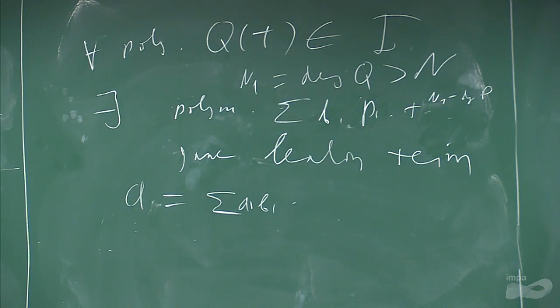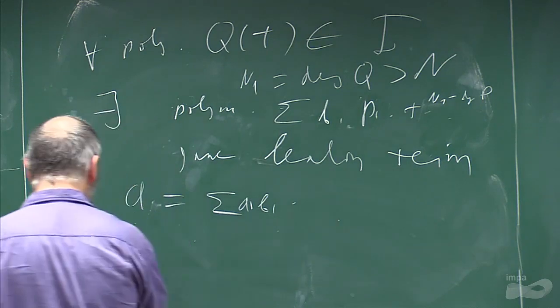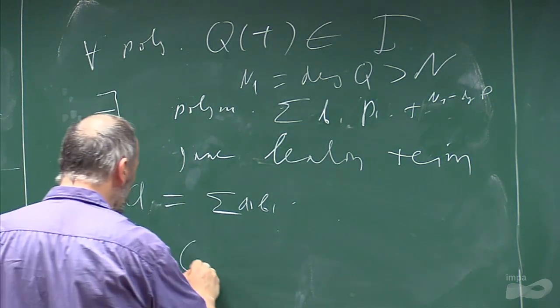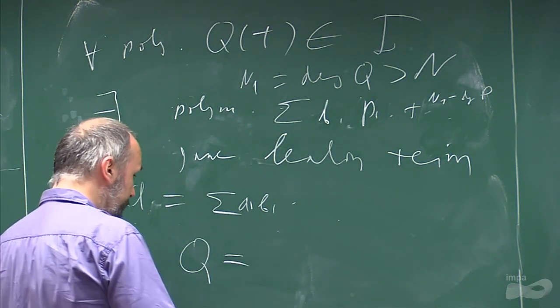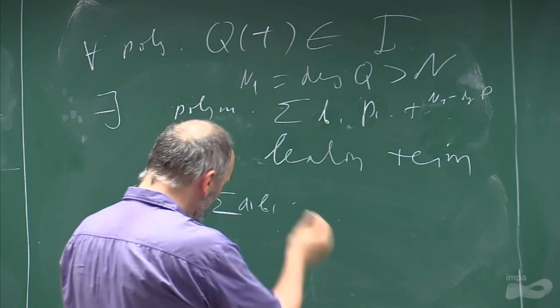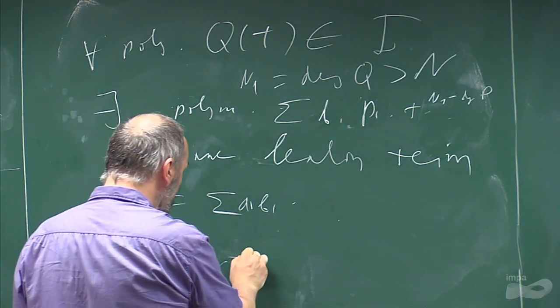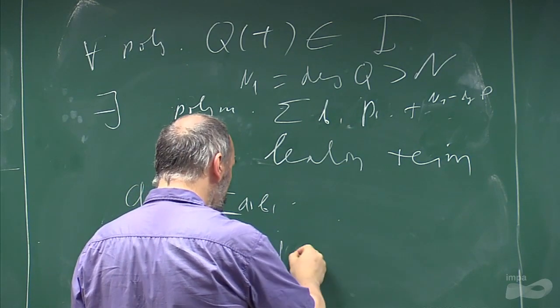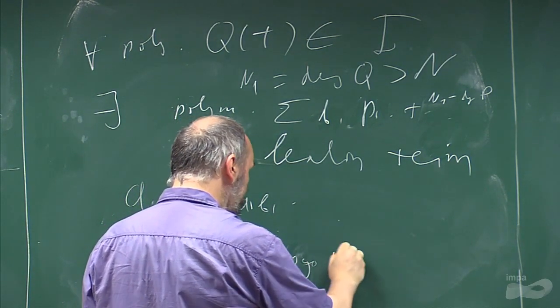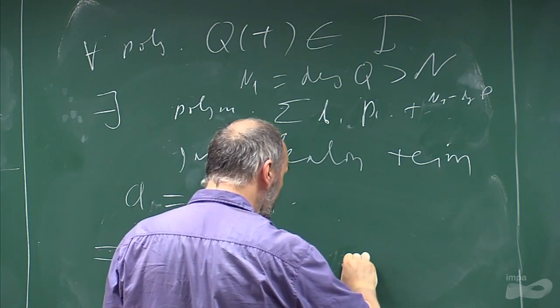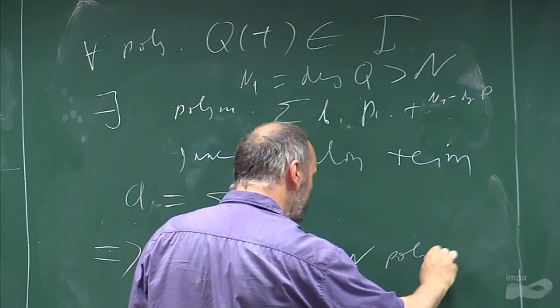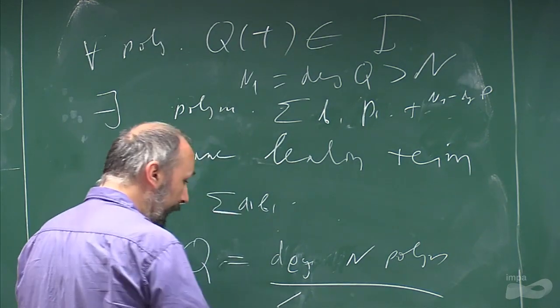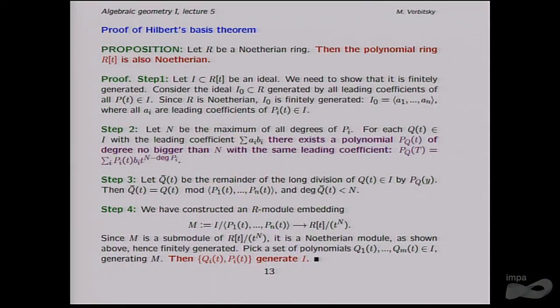Then you can do induction and obtain that Q is a degree n polynomial up to an ideal generated by P1 up to Pn.